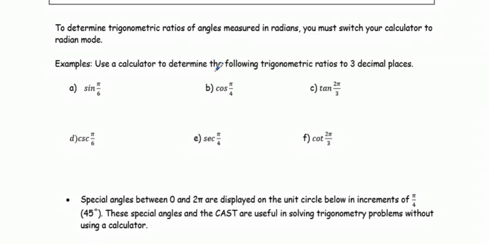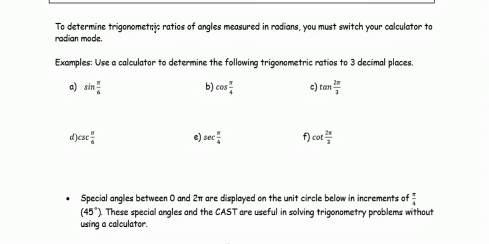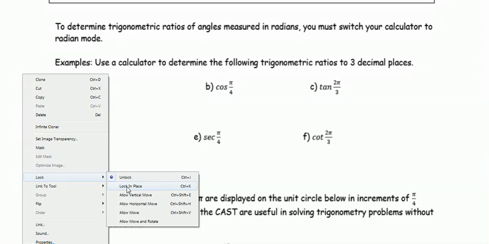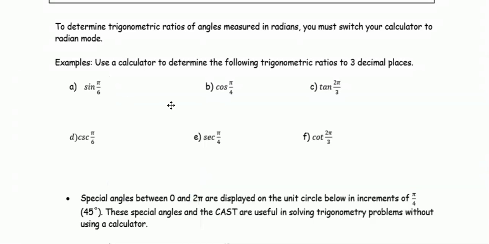So just press pi divided by 6 equals, and then take the sine of that, and you should be getting 0.5.